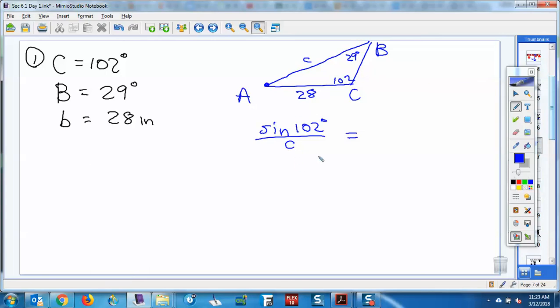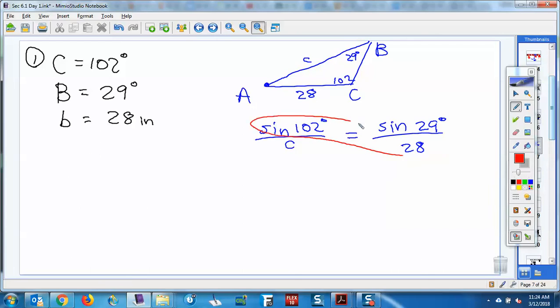Now, I don't care which one you write on top. It doesn't matter. I'll show you in a minute because we're going to cross multiply when we solve. And over here, we'd have sine of 29 degrees over 28. So you have 4 slots and 3 pieces of information. We can solve for the missing one. Do you guys remember how to do a proportion?